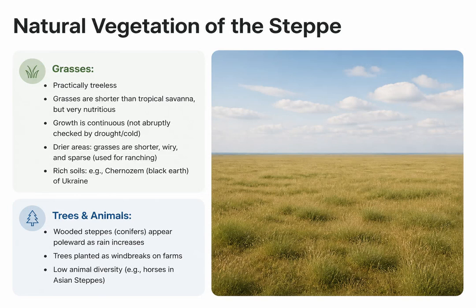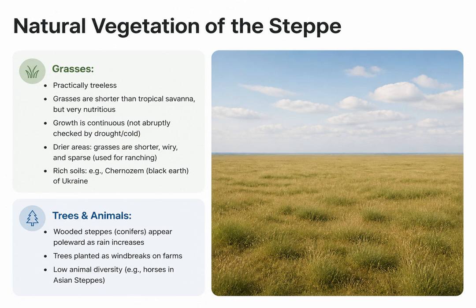The vegetation here is unsurprisingly dominated by grass. Unlike tropical savannas, steppes are virtually treeless. The grasses here are shorter, but they are incredibly nutritious, and their growth isn't abruptly halted by seasonal droughts in the same way tropical grasses are. In areas with richer soil and reliable rain, like the famous Black Earth or Chernozem regions of Ukraine, the grass is lush.